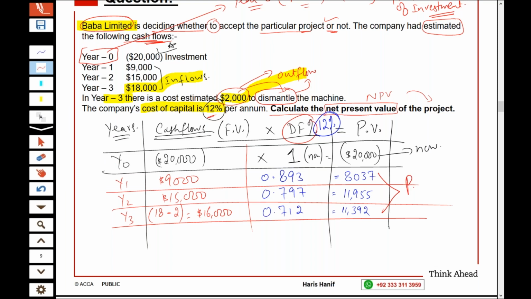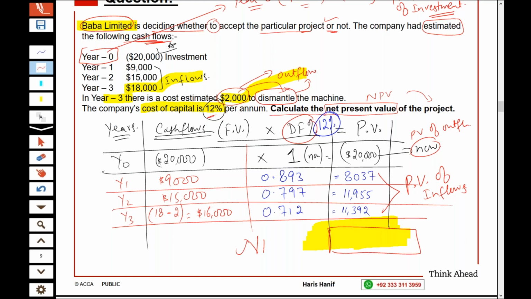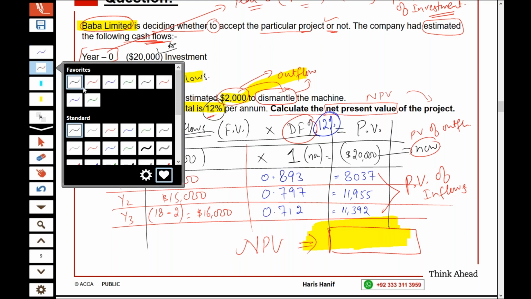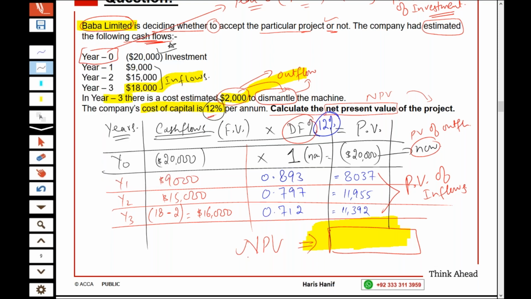These are my present values of inflows, and this is the present value of the outflow. So making it net, that is NPV, the net present value would be dollar minus 20,000 plus 8037 plus 11955 plus 11392.